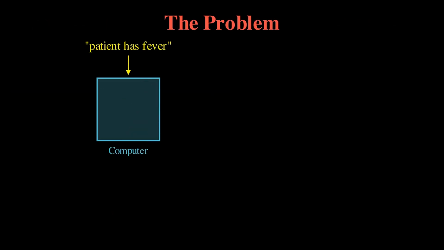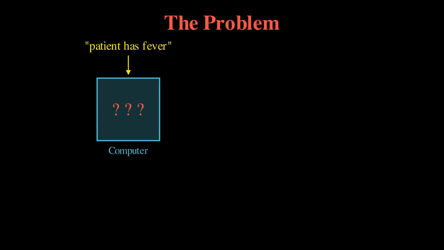Here is the fundamental problem. Computers cannot understand text the way humans do. Look at the phrase "patient has fever." To us humans, this has meaning. We understand it's about a medical condition. Someone has a fever or they might have a high body temperature. But to a computer, it's just a question mark.